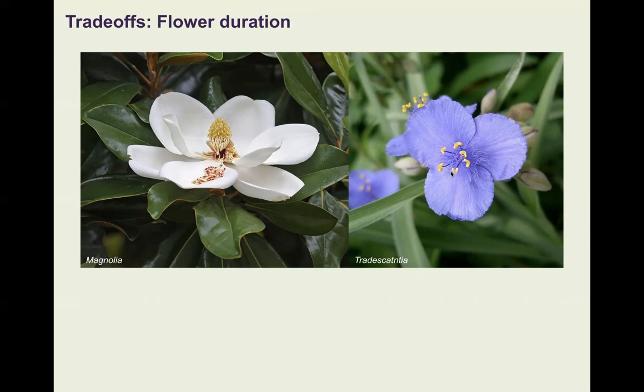So the relative investment in petals that don't withstand the temperatures is relatively cheaper, but you get less time performing as a flower as a result. So again, this is probably a system that works well for magnolia and works well for the Tradescantia spiderwort. Just a very different effect.